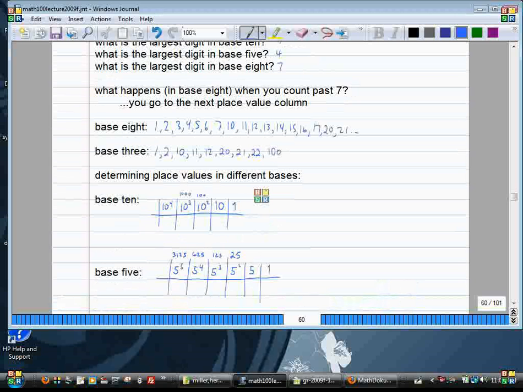We've actually written out every single number, so 1 must be 1, 2 is the same as 2, 10 is the same as 3, 11 is really 4, 12 is really 5, 20 is really 6, 21 is really 7, 22 is really 8, and 100 is the 9th number. So it's 9. That's another way to see it.